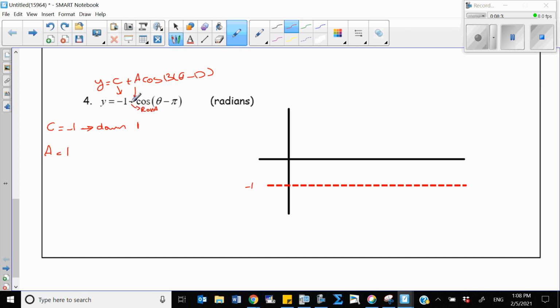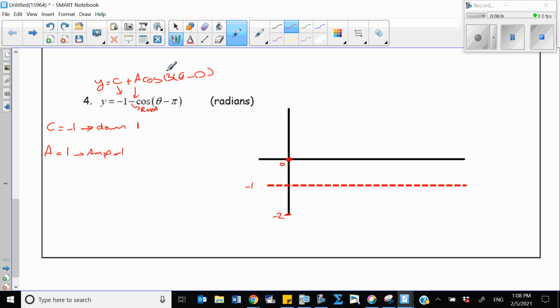The amplitude is 1, so to find the highest and lowest point, I go 1 up and 1 down. 1 up from -1 is 0, my highest point. And 1 down, at -2, is the lowest point of the function.